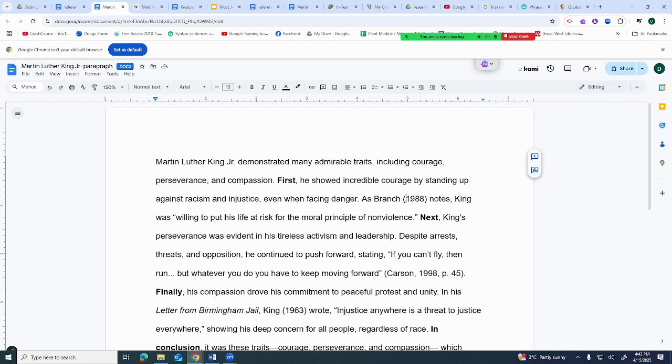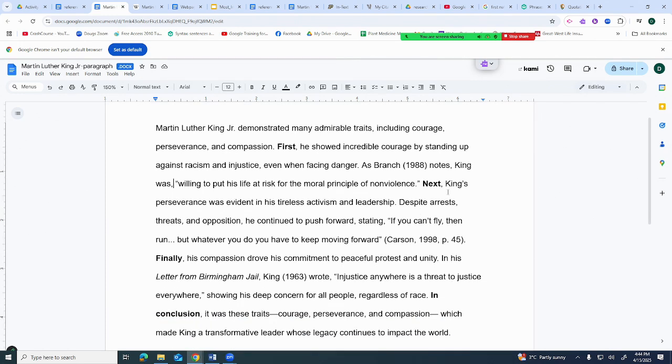Generally, I might put Branch right into these parentheses here, but because I'm referring to him directly, I can have him outside of those parentheses. So, as Branch 1998 in parentheses notes, King was, and here's my quotation, there should actually be a comma here, willing to put his life at risk for the moral principles of nonviolence. And that's in quotations, right?